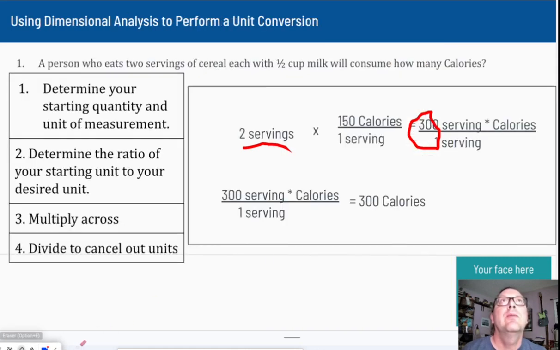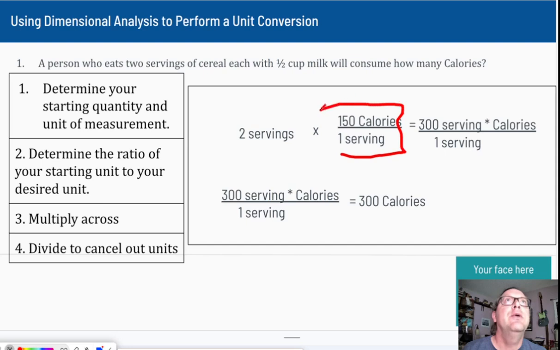So I have my starting ratio with my calories in the numerator position, since that's what I'm trying to figure out.